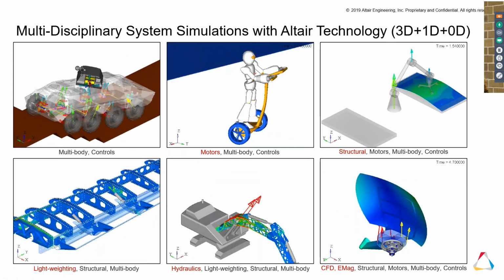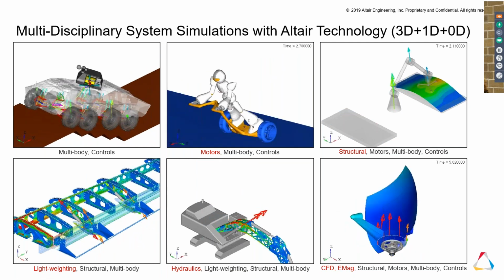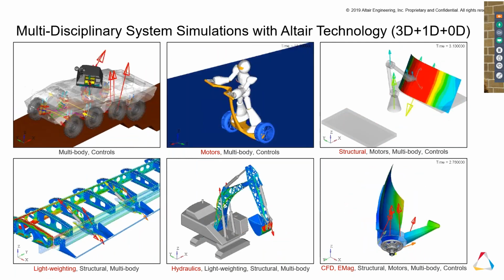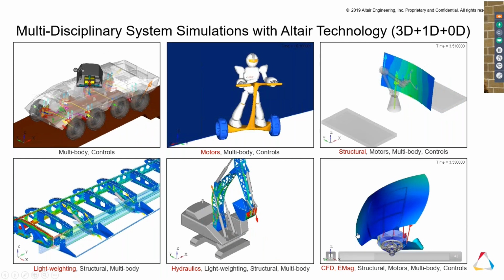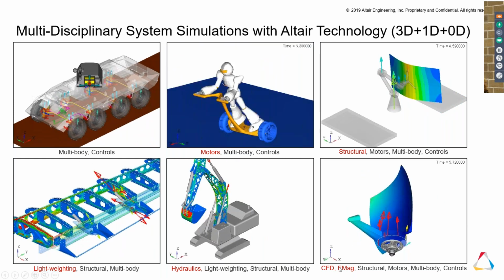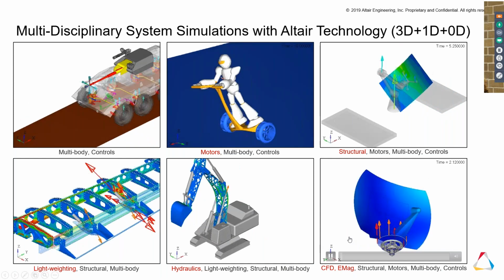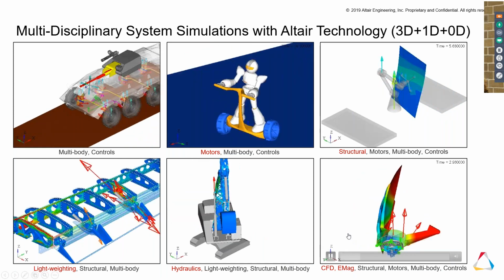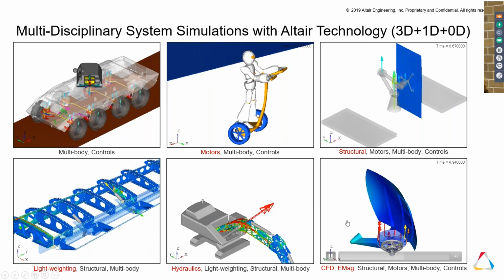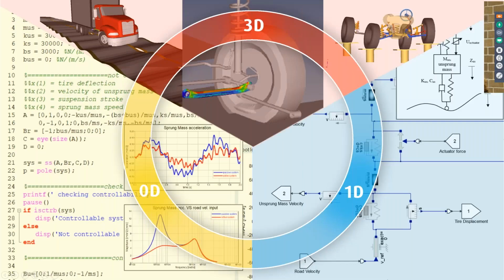So optimizing and balancing the trade-offs between trying to use less material, but still have it be structurally sound. And then combining those different technologies along with computational fluid dynamics and electromagnetics to make sure that we have good transmission of signal despite having to deal with environmental loads such as wind loads. So that is a big picture. How are we really enabling those different types of simulation?